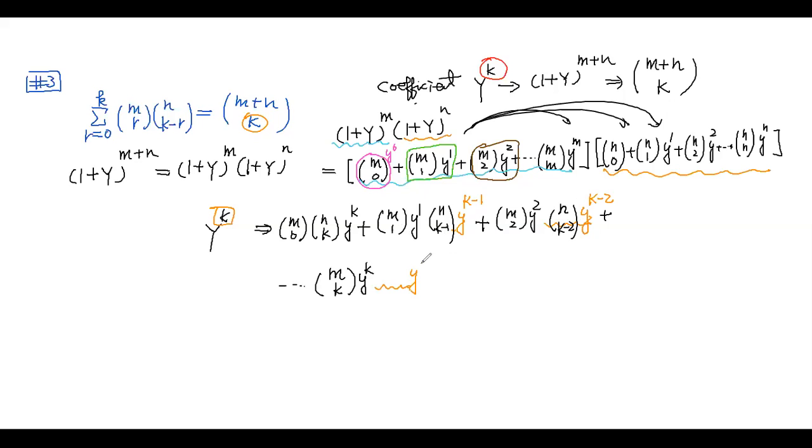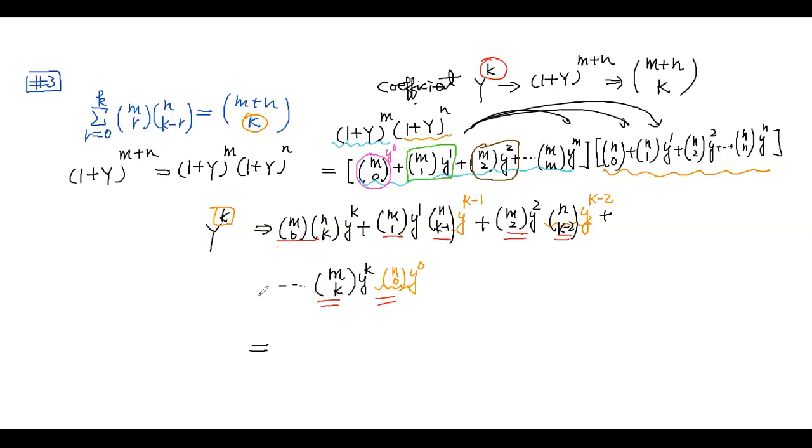I have y to the 0 power in the orange bracket, right? So what is the constant here? This is n to the k. Did you see here? So if you take a look at this one, this one, this one, they all give you y to the k.